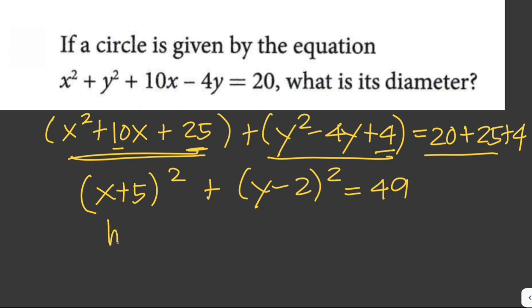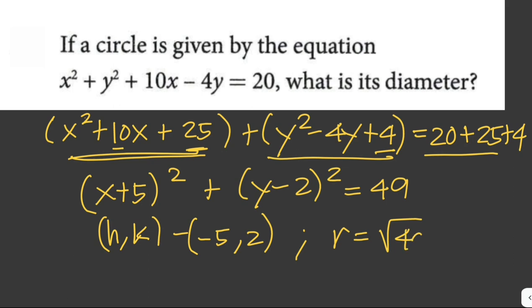Therefore, the center here is just negative 5, 2. Then the radius is just equal to the square root of 49, which is 7.